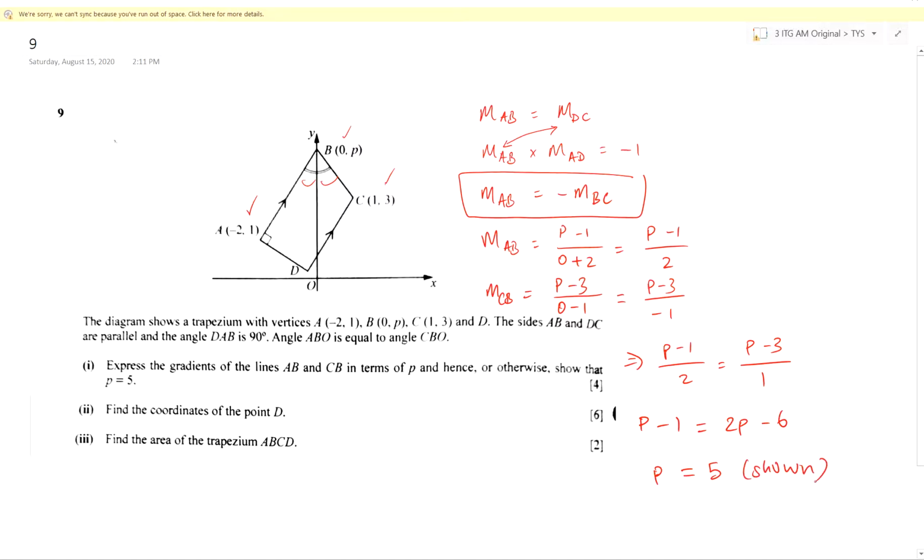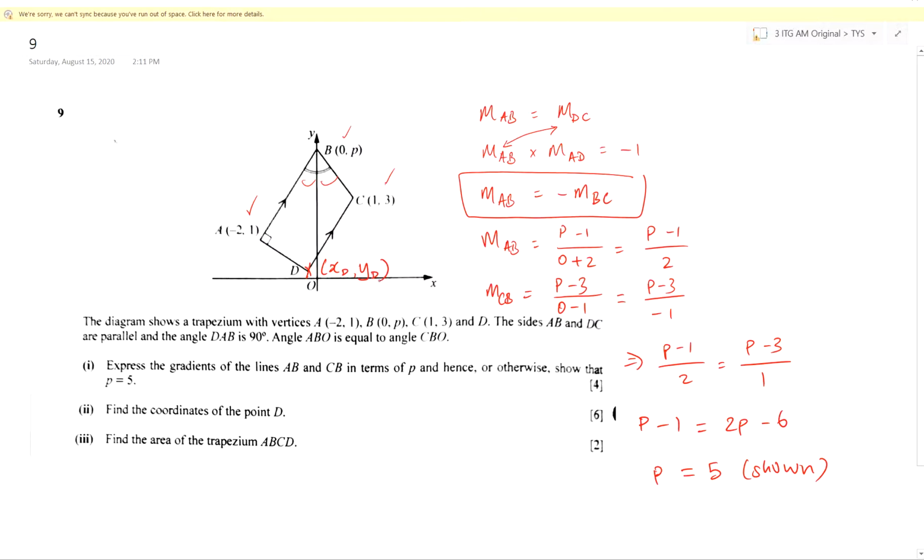Next, to find the coordinates of D. Now D lies at the intersection point between AD and CD. So we can set the coordinates for D to be XD and YD.